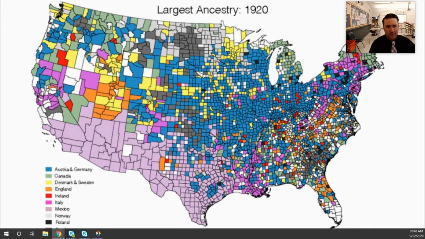Minnesota up here has a lot of concentration of people of Scandinavian, Norwegian, and Swedish descent in particular. You'll see a lot in Utah of people of Danish descent.